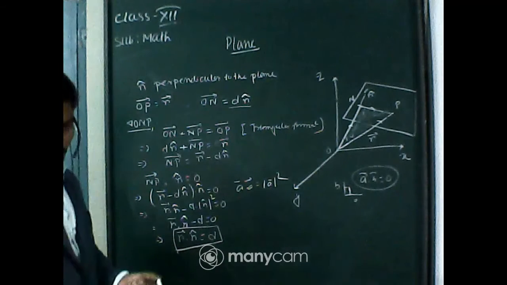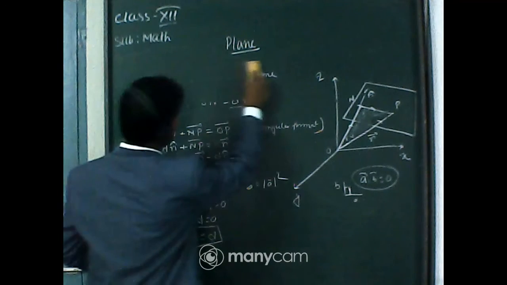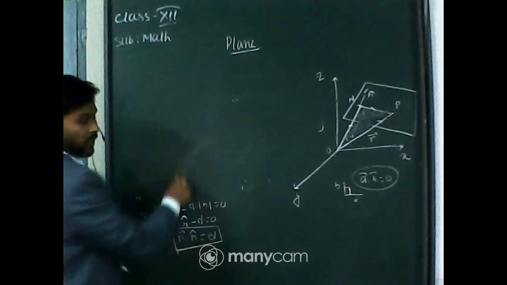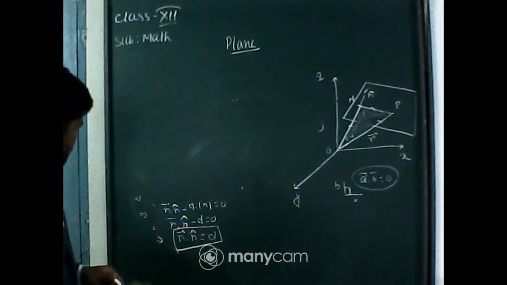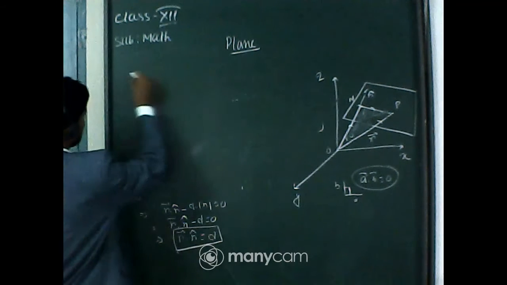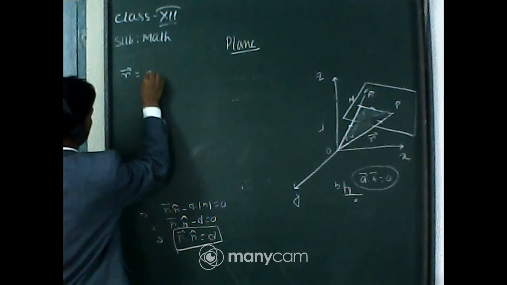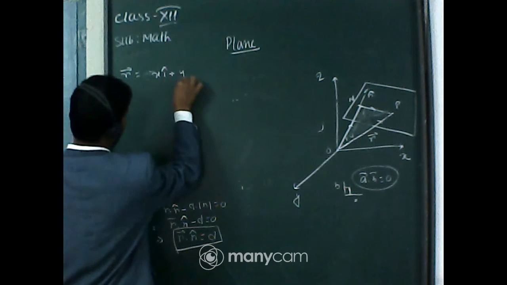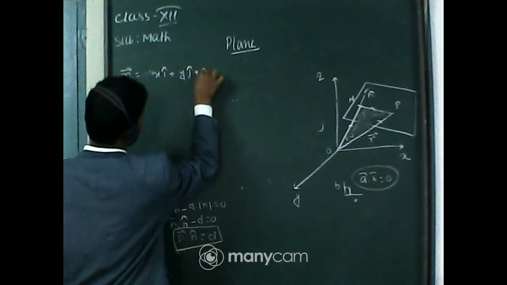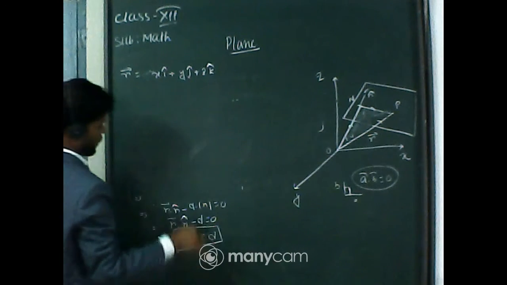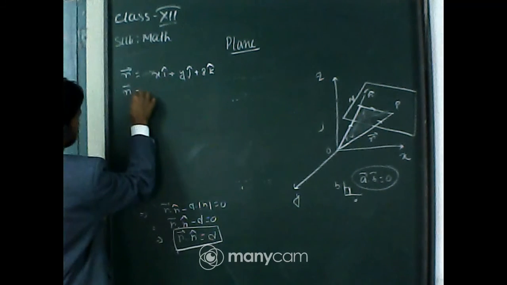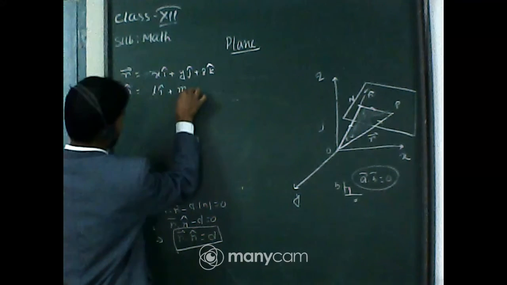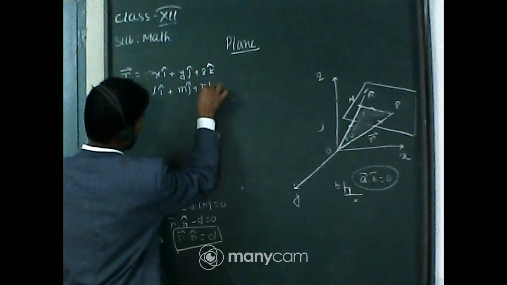See, this is the vector equation of the plane. Now we'll set the Cartesian equation of the plane. For the Cartesian equation we put R vector is equal to x i hat plus y j hat plus z k hat, and n hat vector is equal to l i plus m j plus n k hat vector.